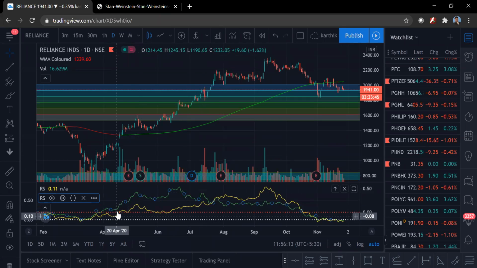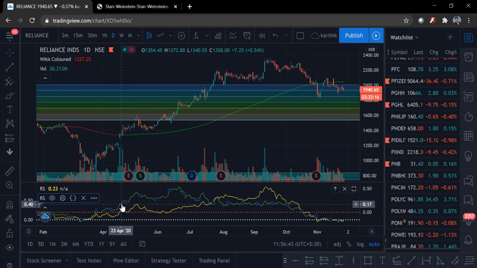So the green and red go together. The green line's zero line is the red one, and the yellow and white go together. The yellow line's zero line is the white line. Zero line is nothing but whenever the stock is performing better than Nifty. When the stock performs better than Nifty at 61 days, the green line goes above its zero line.